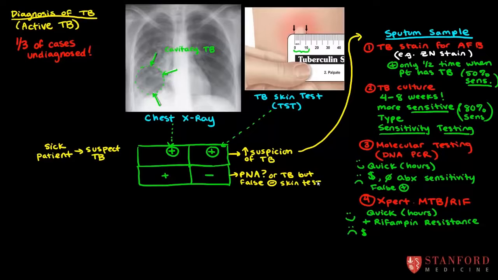So if you're still suspecting TB based upon the clinical presentation and the positive chest x-ray, but the skin test isn't positive, you still may want to go through the diagnostic testing that we've spoken about.